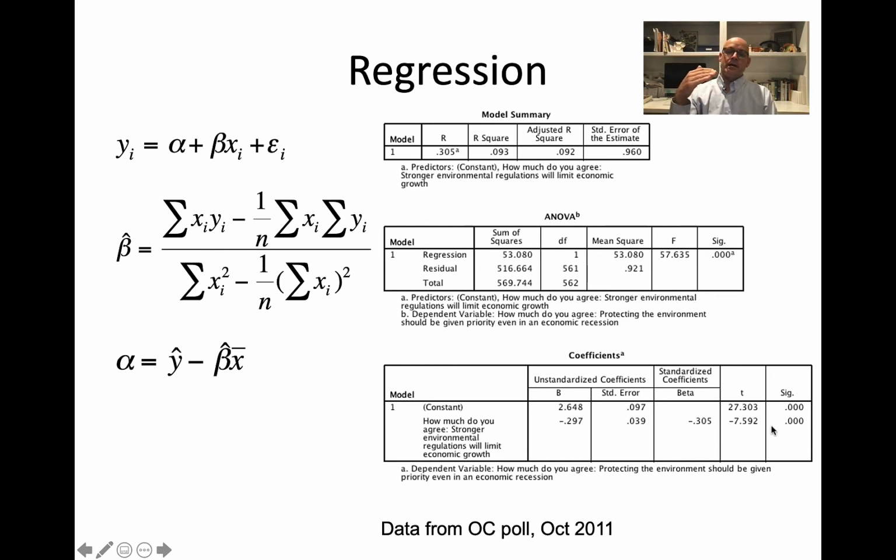Now, the cool thing about regression, especially basic ordinary least squares regression, is that a 1 unit change in this independent variable, if it's statistically significant, is related to a B or beta unit change in the dependent variable. And that's pretty amazing because it allows us to interpret the individual effects of certain variables on others.